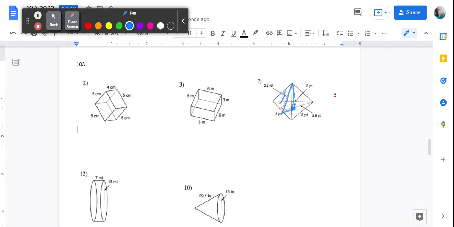If we look at a pyramid from the ground level, this is the height, and the hypotenuse is the slant height. So we may need to do some Pythagorean theorem, a squared plus b squared equals c squared, to figure out the slant height. That's the worst case scenario, but oftentimes they'll give us a slant height.